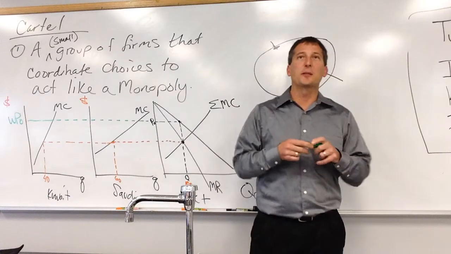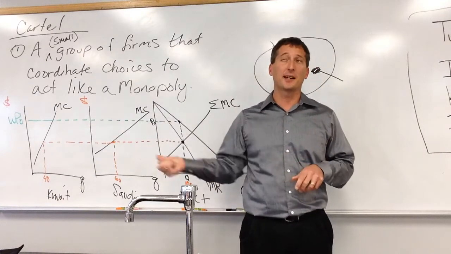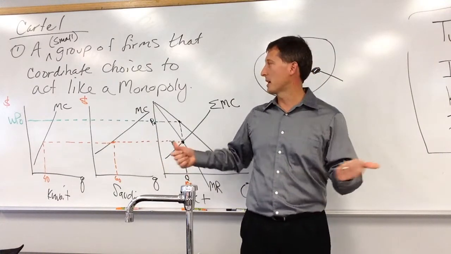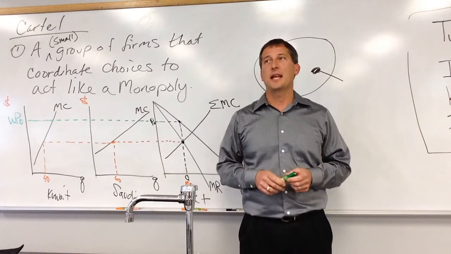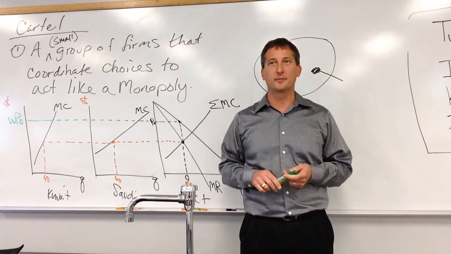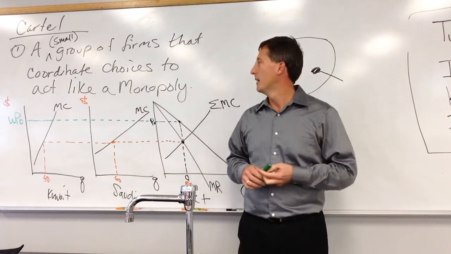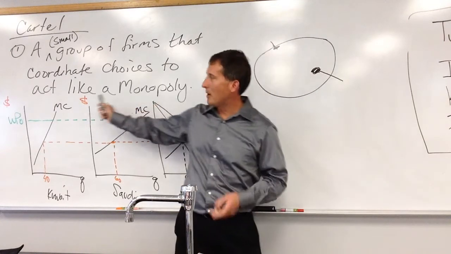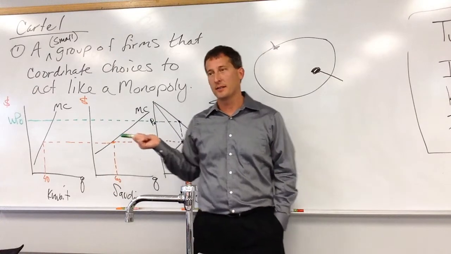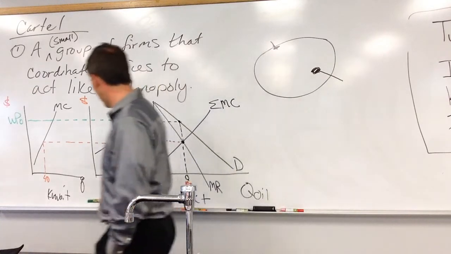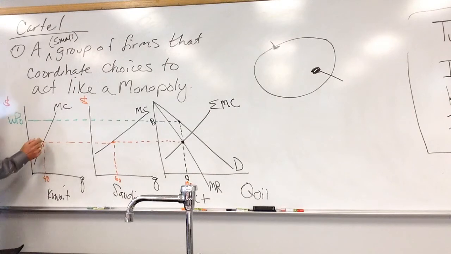These types of agreements, cartel agreements, whether we're talking drug dealing or whether we're talking oil, tend to get cheated on. The participants tend to cheat on the agreement. Using this model, can you tell me why? Why are they tending to cheat on the agreement?